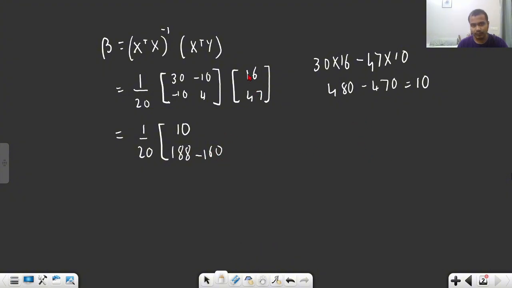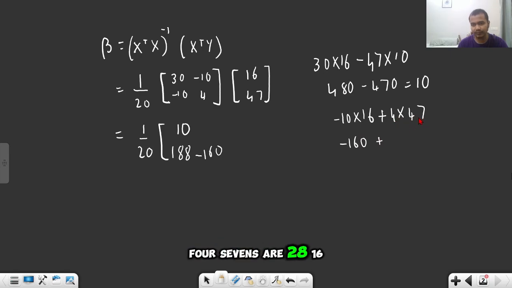And the second row is minus 10 into 16 plus 4 times 47. This is minus 160 plus, 4 4s are 16, 4 7s are 28, so 188. 188 minus 160 is going to be 28.